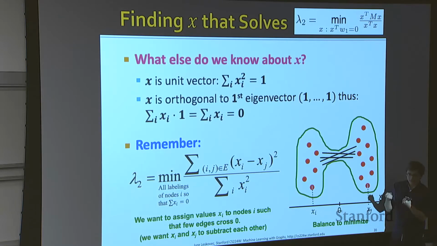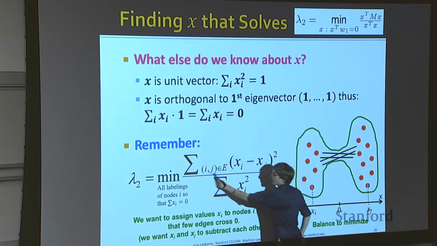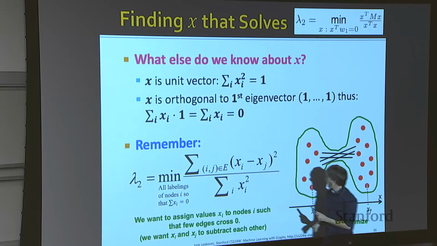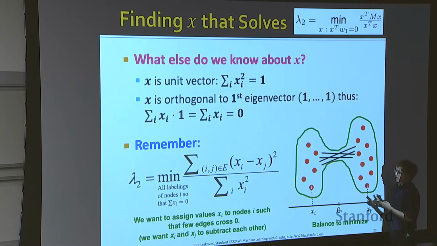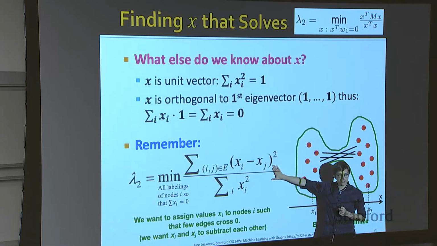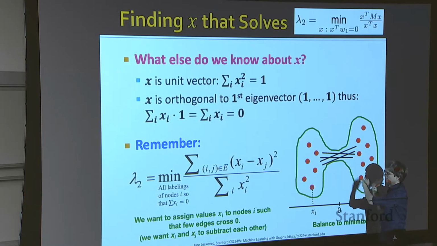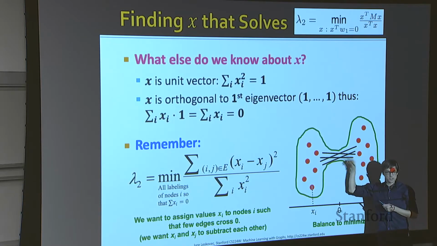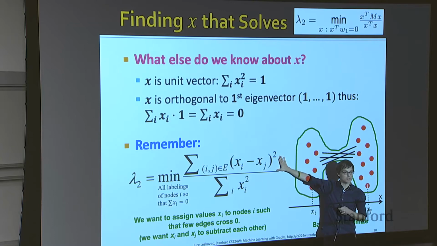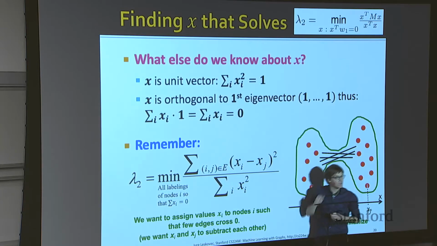And then the only time this term will be big is when an edge goes across 0. So by solving this minimization problem, we are essentially putting about half of the nodes to the left of 0, half of the nodes to the right of 0, such that the number of edges that cross is as small as possible. Okay?